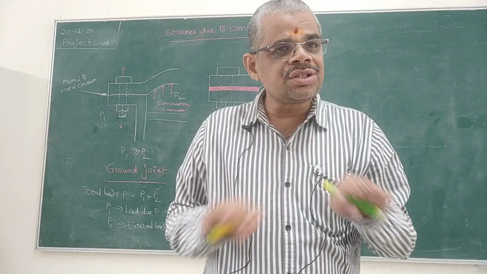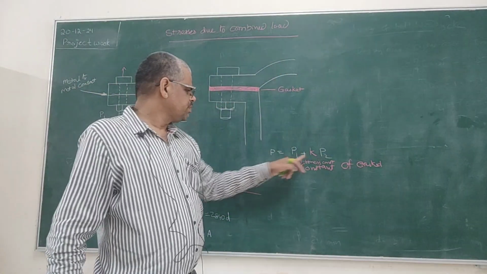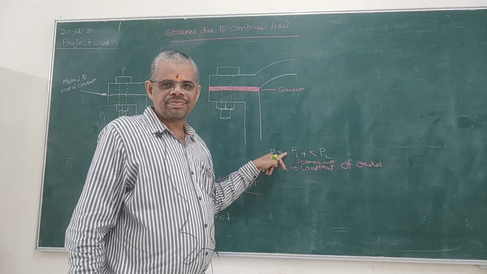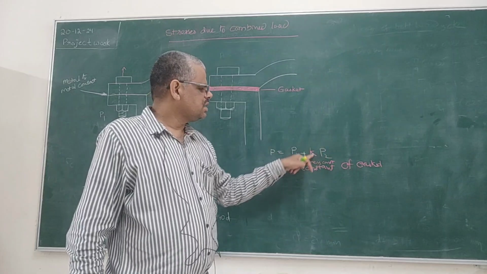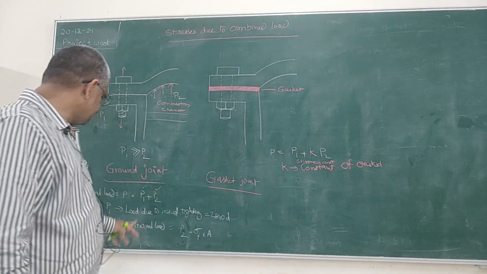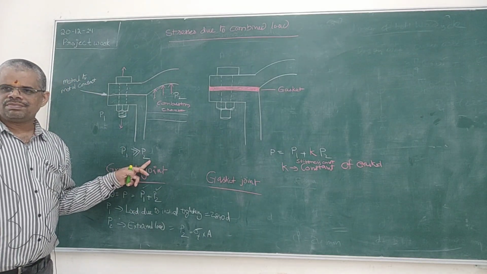If there is no gasket, then this K will become 0, so that the total load is equal to P1 only, the initial load only. Here this factor will become 0, and you can neglect it. I have already told you that this P1 is much more greater than P2.